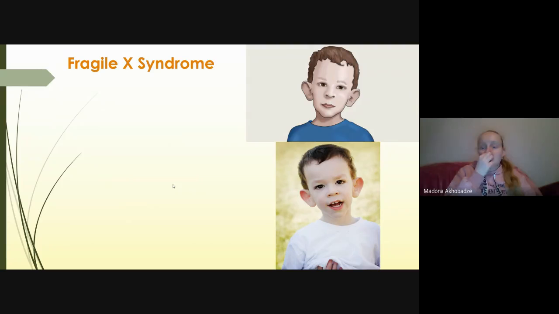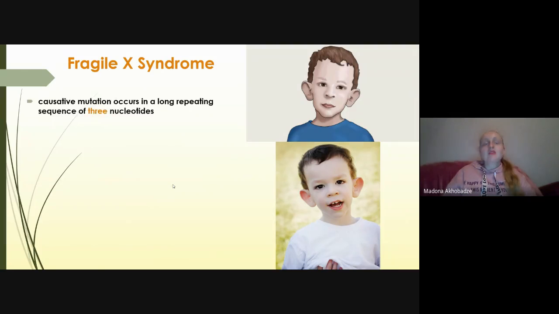It's due to a nucleotide repeat mutation. The causative mutation occurs in a long repeating sequence of three nucleotides, like in other diseases such as Huntington's disease, myotonic dystrophies, spinocerebellar atrophies, and other dyskinesias. The reason for these diseases is triplet expansion.